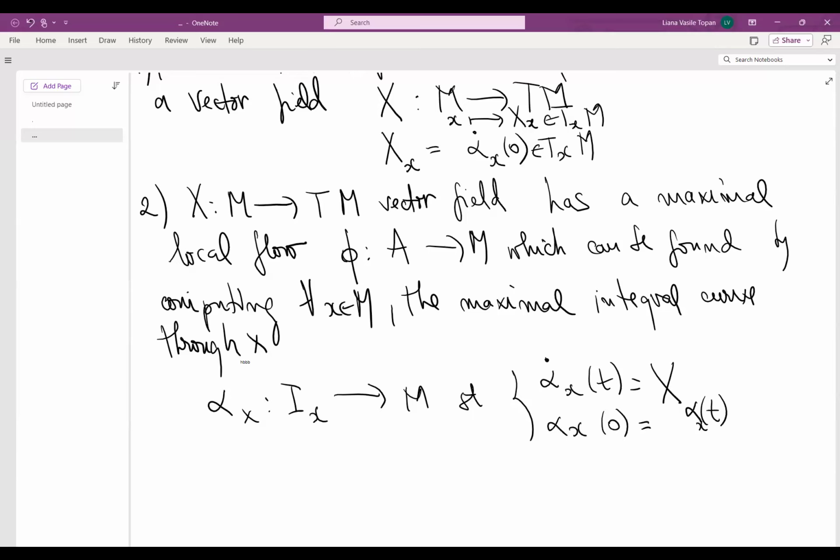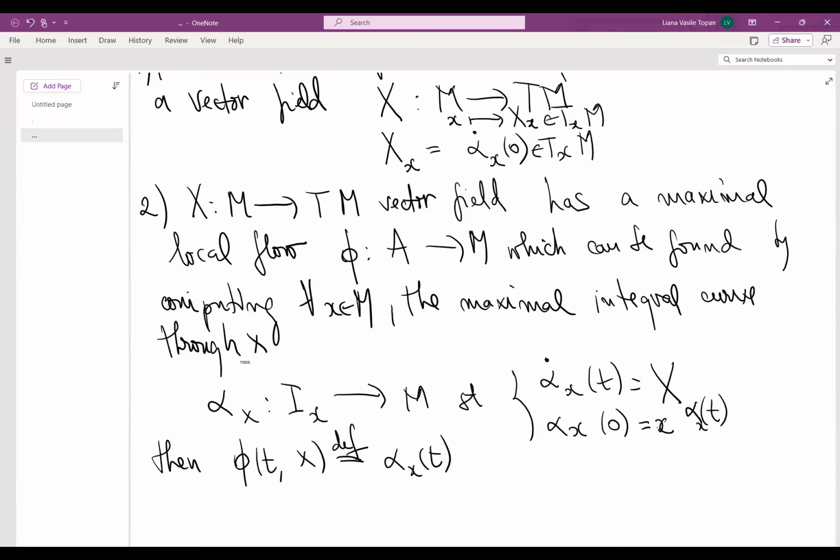This is an initial value problem, right? And then we simply take the flow to be, by definition, alpha x of t, or something like that.